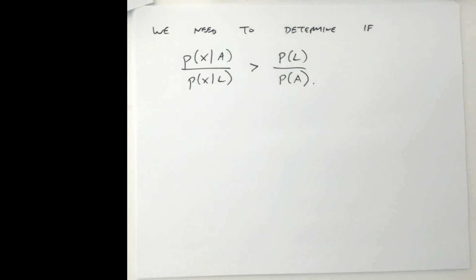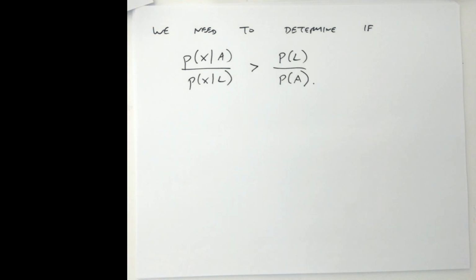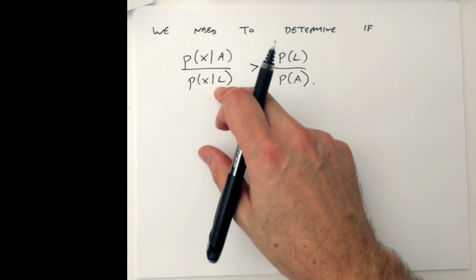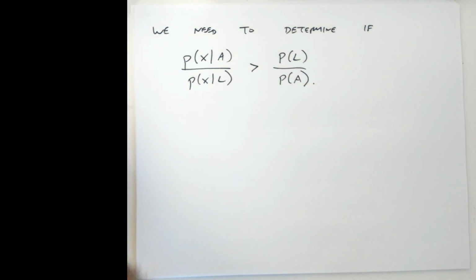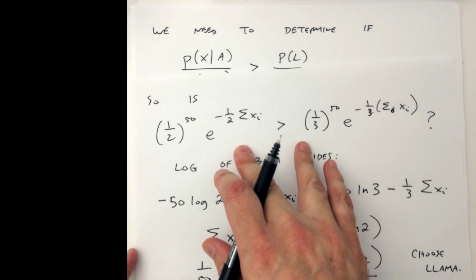So I have to compare now to a different threshold. Before, this threshold was 1, right? Now, this thing here is going to be the same kind of hairy mess of the ratio of these things I had last time.